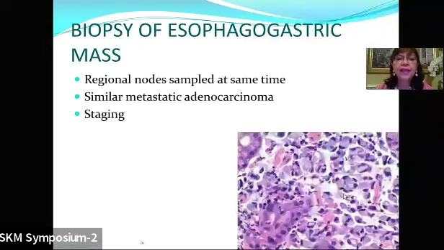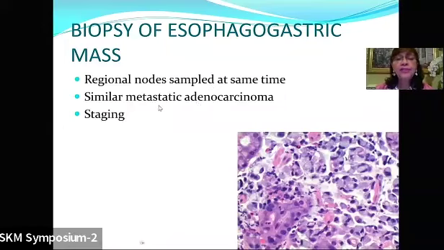So at the same time that they did an FNA of the mass as well as the lymph node, they also did a biopsy of the mass itself. So the regional lymph nodes were sampled by needle aspiration.